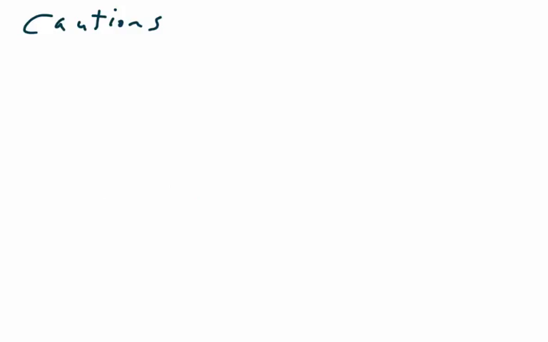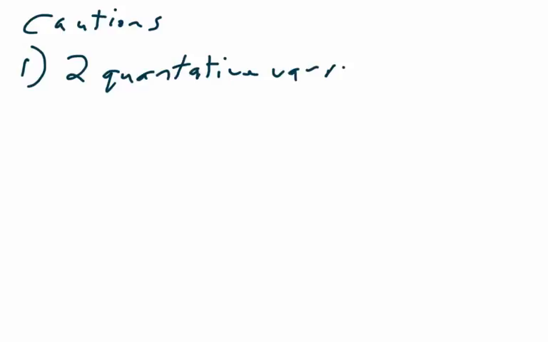Okay, these are what we call the cautions. The first caution is that we need 2 quantitative variables. We cannot do this if one of the variables is gender or ethnicity.